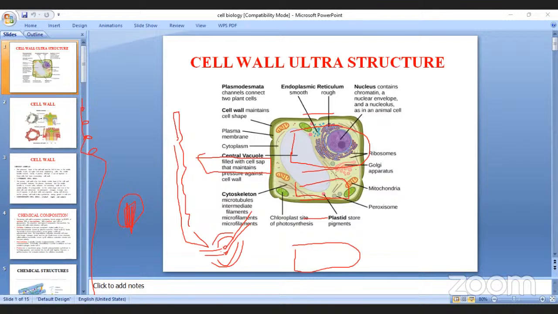But with the help of the telomere, they prevent the binding of chromosomes to one another. The telomere is present only in eukaryotic chromosomes, absent in prokaryotic chromosomes.